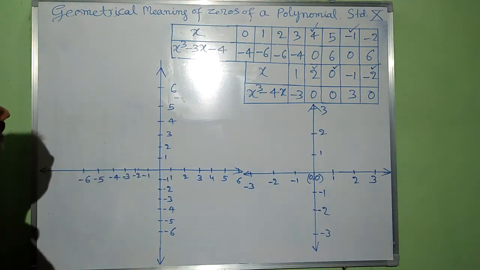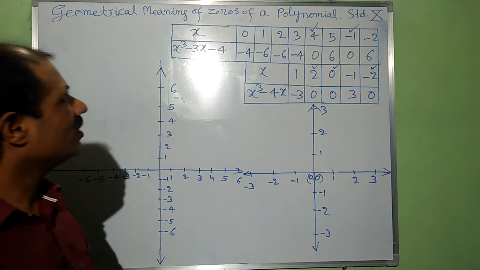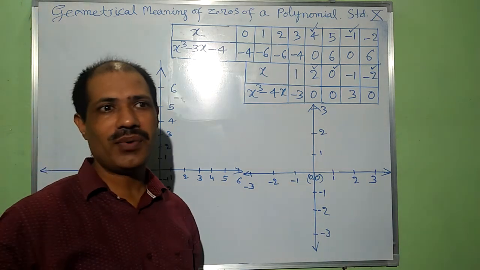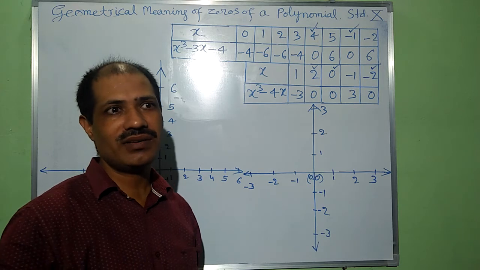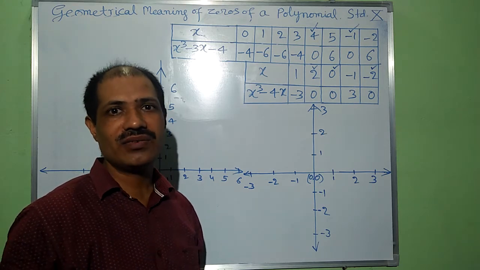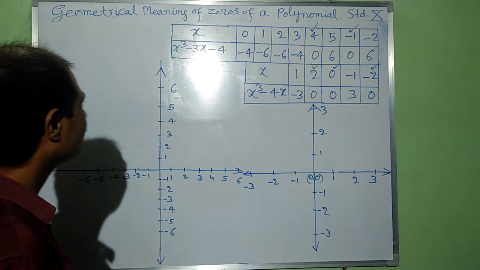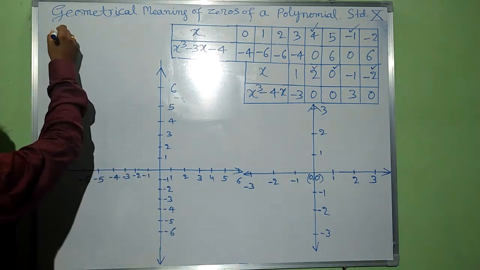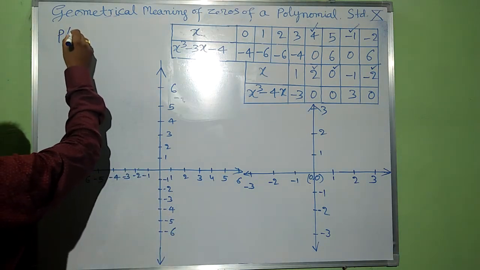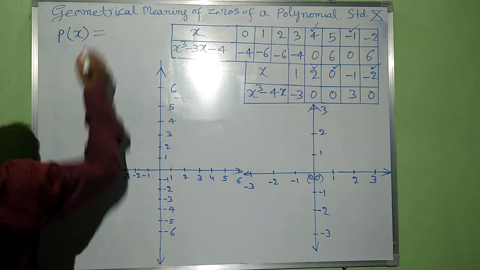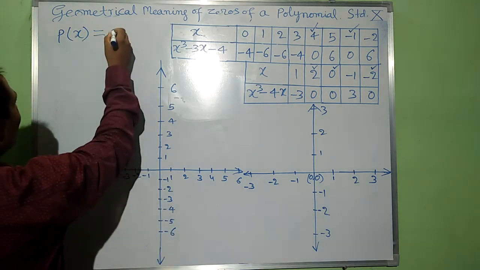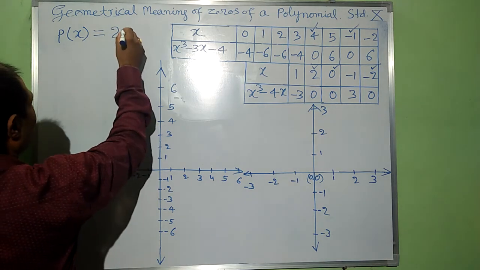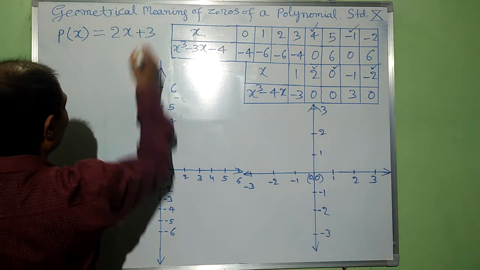Now the geometrical meaning. I am going to draw the graph of given polynomials to understand the relation between zeros and x coordinates. Suppose a given polynomial of degree 1, or linear polynomial, that is p(x) = 2x + 3.